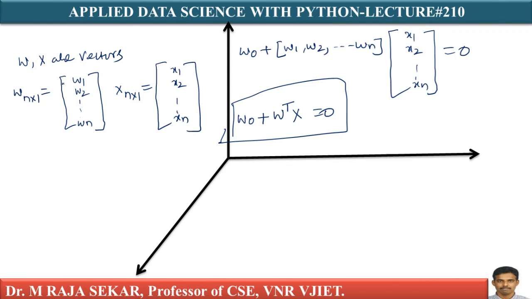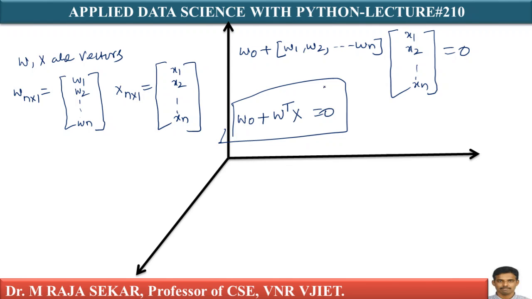Here w is a column vector, w transpose is a row vector, and your x is a column vector, which is exactly like this. So what I have here is a clumsy format; I can write a concise notation, w0 plus w transpose x equals 0.